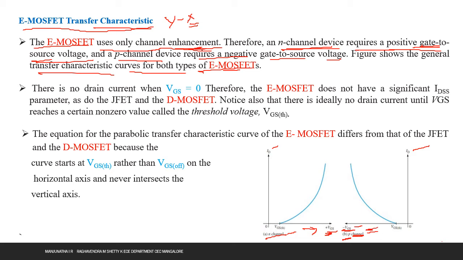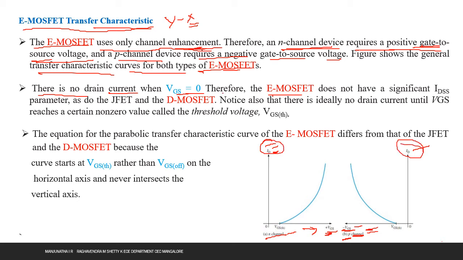Coming to the second point, there is no drain current when VGS is equal to 0. When VGS is equal to 0, we cannot expect drain current. Until we give some VGS, we are not able to observe any drain current.